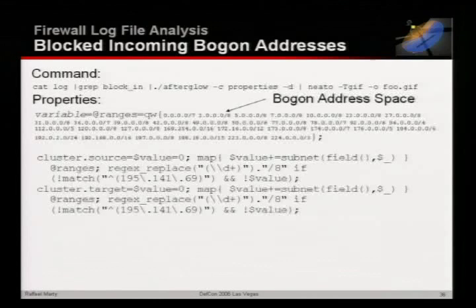This looks horribly complicated, but that's just because I was a little anal about what I want to see here. Basically, I want to cluster by class A network. I don't want to see each individual address, I just want to see what class A is connected to my network. That's what I do here with this regex replace.